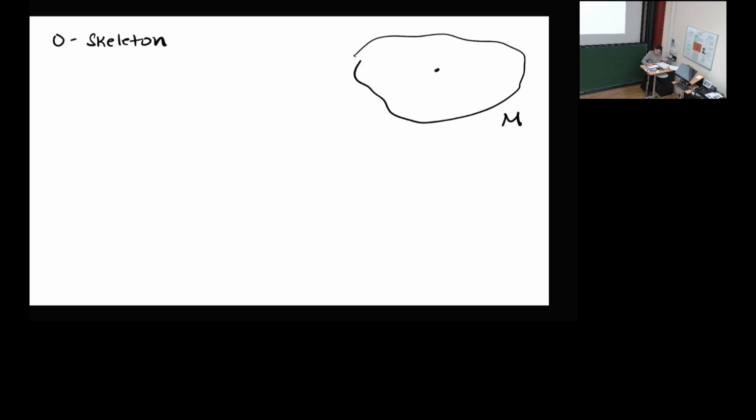Yeah, so we're going to triangulate P into very tiny simplices, as we've done before. With the zero skeleton, we're going to have a bunch of new vertices, the ones that are not on M, and we would like to define the map on those vertices.